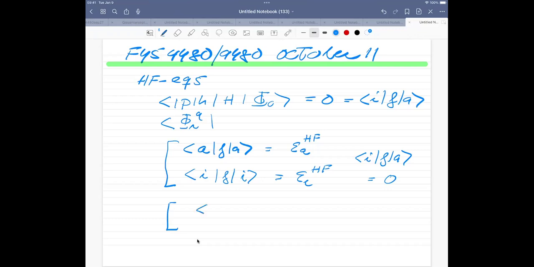Now, an alternative here is simply to say that this specific operator, this F, which includes the kinetic energy, is only non-zero for the states below the Fermi level.